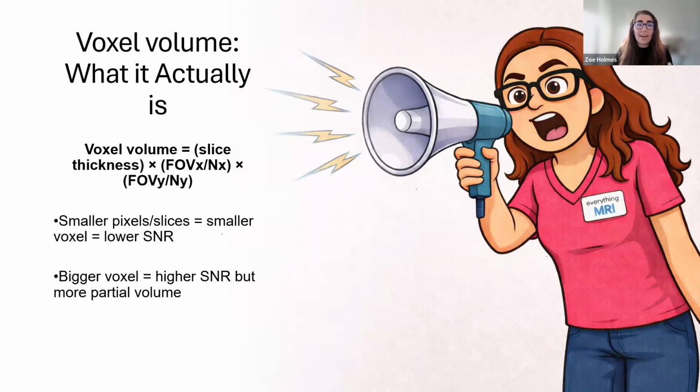A practical way to teach this would be to show a protocol and ask, what is our voxel? If you can calculate your pixel size and slice thickness, you can then predict what the signal to noise consequences will be. For example, if we have a sequence with 0.8 by 0.8 by 3 millimeter voxels, and we move to 1 millimeter by 1 millimeter with 4 millimeter slices, our voxel volume will increase.